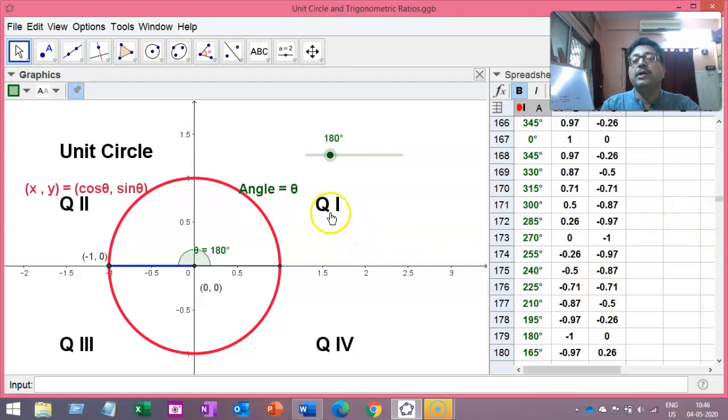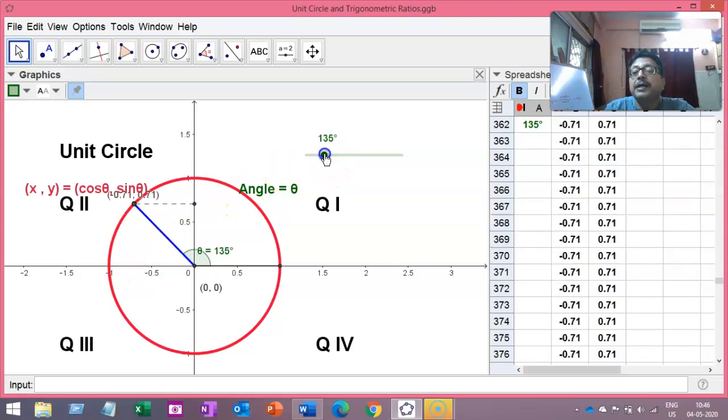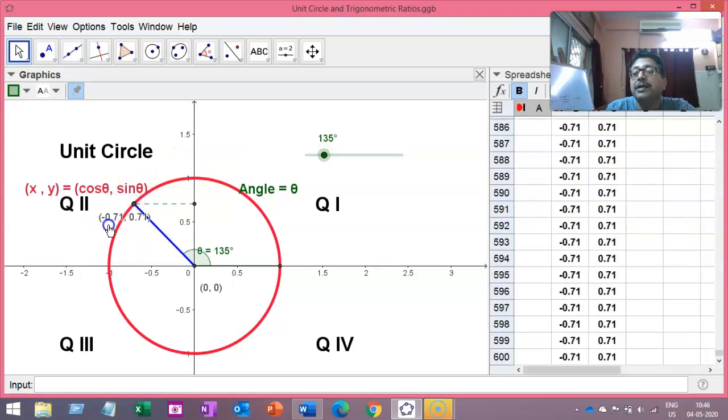Let us go for an angle in this quadrant, 90 to 180 degree. If you go on calculating a trigonometric ratio, you have learned the rule: all, sine, tan, cos. Here it is very easy to remember. All means all positive in quadrant 1. In this quadrant only sine is positive, rest negative.